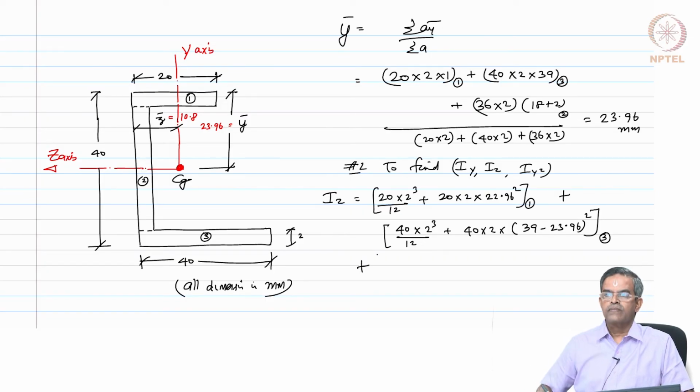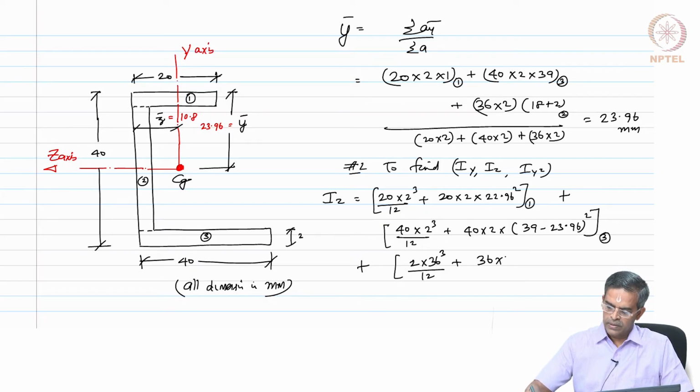Plus 2 into 36 cubed by 12 plus 36 into 2 into 23.96 minus 20, the whole squared.